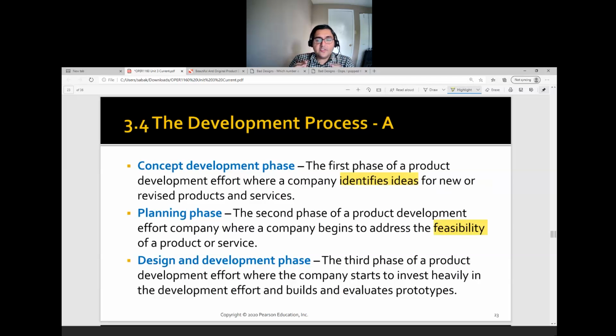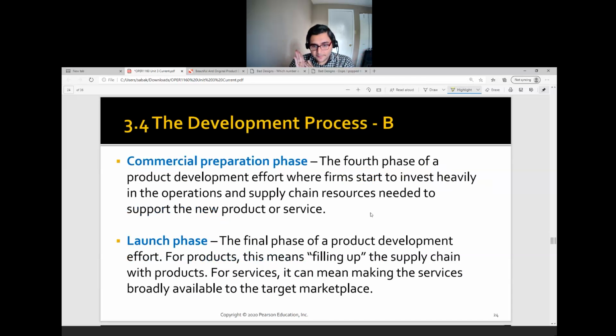That feasibility checking happens in the planning phase. Now the design and development phase is to invest in this particular thing. So there were 100 ideas or concepts at the beginning, and after the planning phase, say it has reduced to 5 different ideas, and the company decides to spend money on these 5 ideas and see how they can become successful.